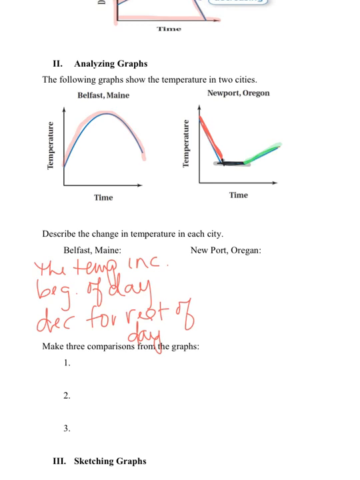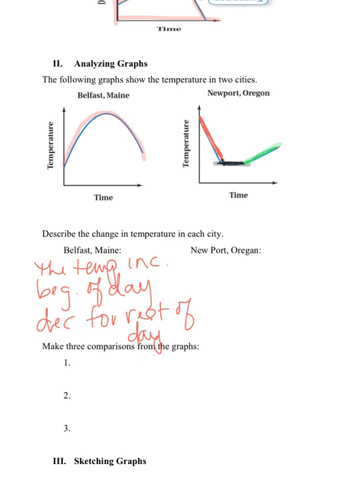Now, making three comparisons from the graphs. One comparison is that both graphs show an increase and decrease in temperature, even though they're reversed. Belfast, Maine shows an increase and then a decrease. Newport, Oregon shows a decrease and then an increase.